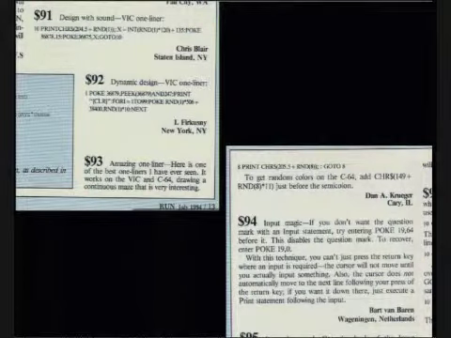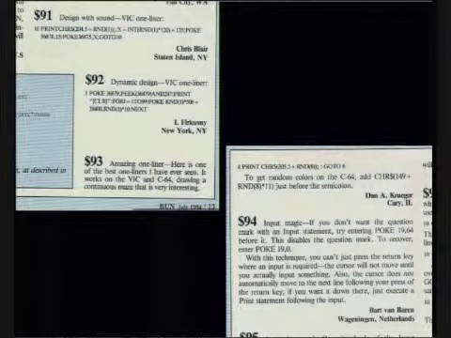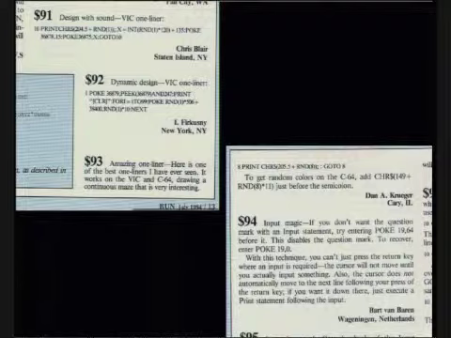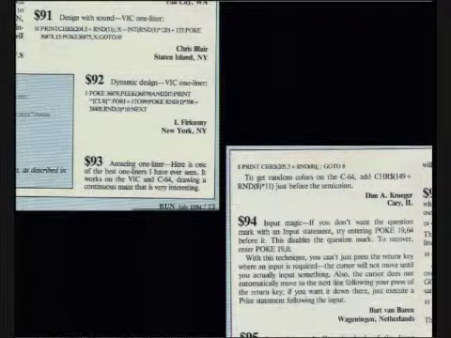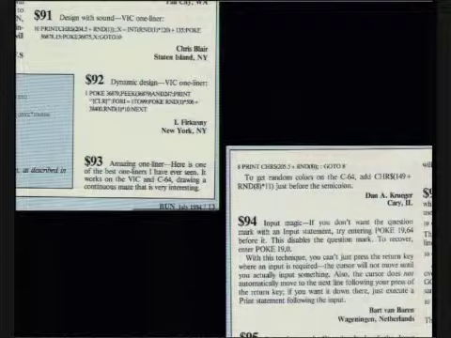And then there's the program itself. In introducing this, he already mentions how to modify it to make it do something else. To get random colors on the C64, add CHR$(149+RND(1)*11) just before the semicolon, right? So when you're given this program, you're also told one interesting, cool way to modify it, right?